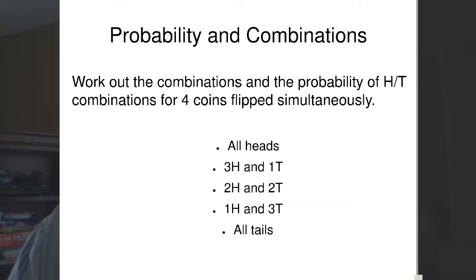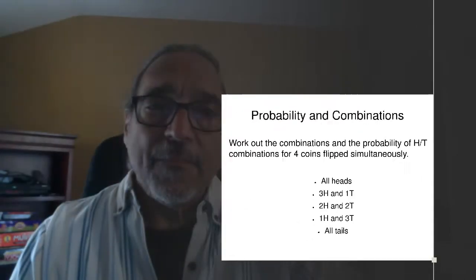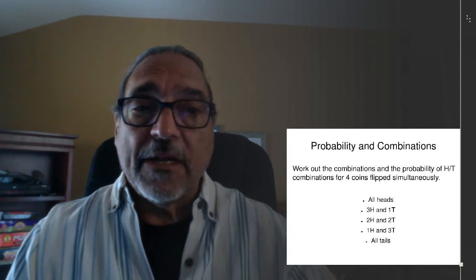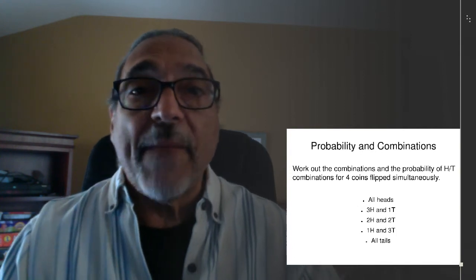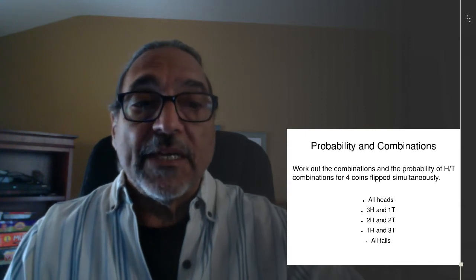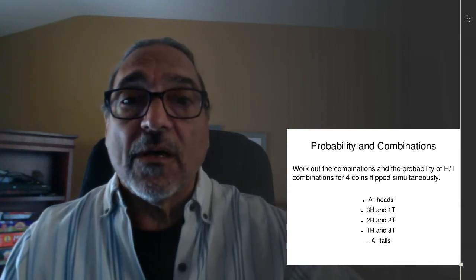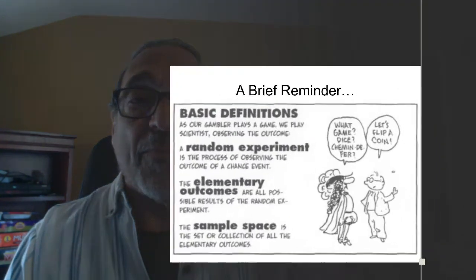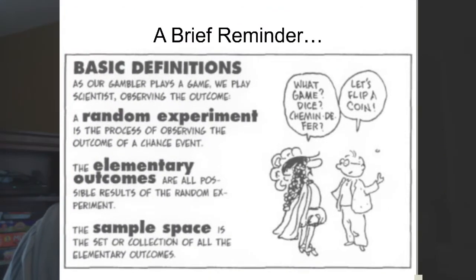Now, on the surface, this seems fairly obvious. But in order to do the actual math, to do the work, what we really need to do is to recall some of our definitions from our conversations about probability. Here's a brief reminder. Again, when we talk about figuring out probability, we are really talking about doing a random experiment.